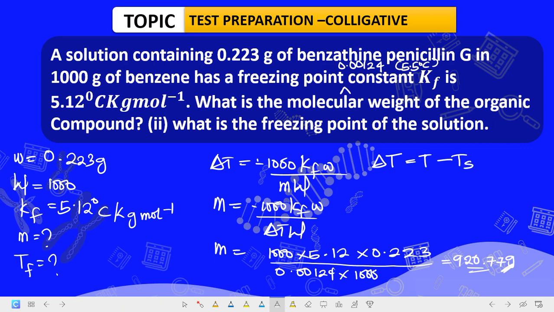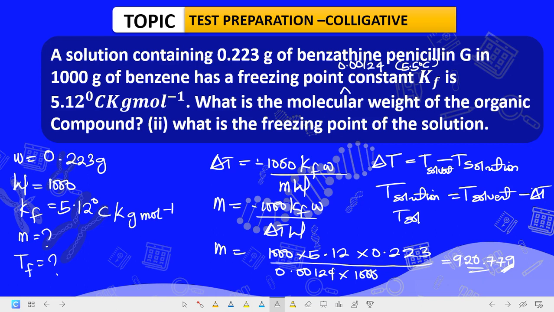So if we say this is freezing point of solvent minus that of solution, then if this comes to this side, the freezing point of solution, which is the temperature, is equal to freezing point of solvent minus the change in freezing point.